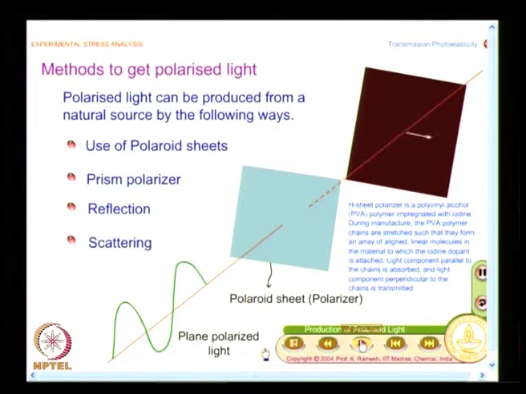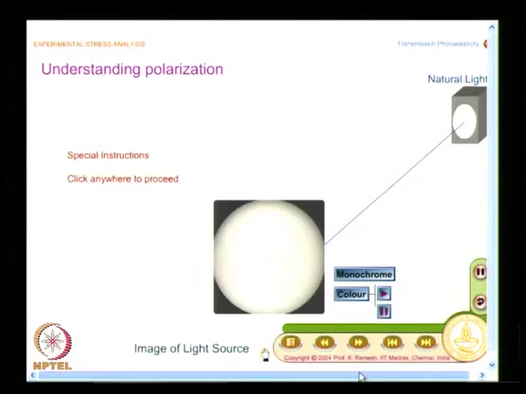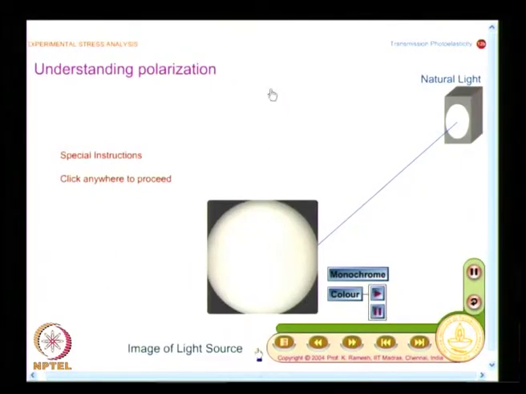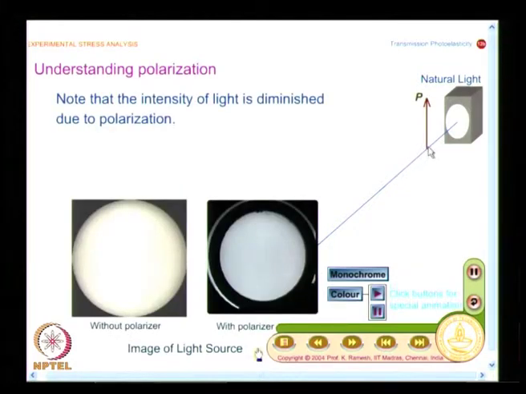And what we will now look at is a justification that yes, the light is polarized, and that is what we saw in this slide last class. You have understanding polarization, and the moment you send a polarized beam of light, the amount of light available on the screen is diminished, and I show the polarizer simply by a line sketch, and this indicates the direction of polarization.